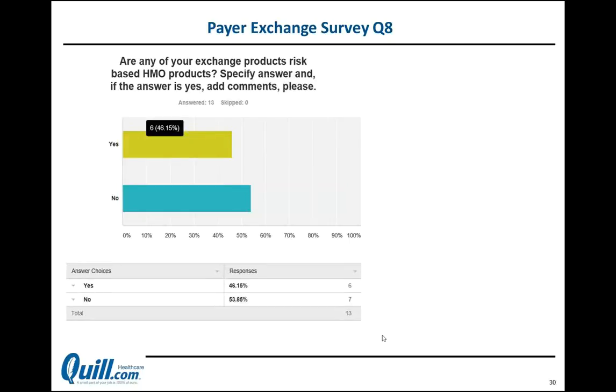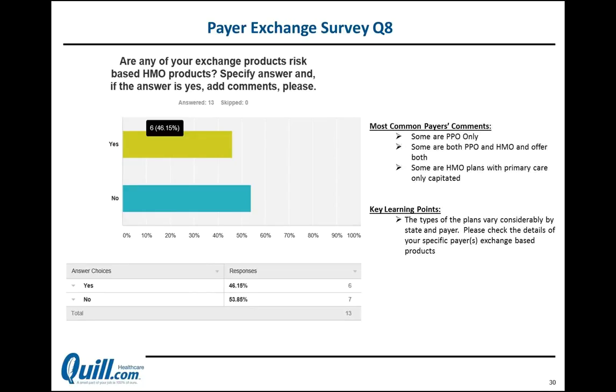Are any of your exchange products risk-based, or any of them risk-based HMO products? Risk-based in this case meaning capitated per member per month fees. I would say the answers that we saw here, for the most part, mirror what we see in the marketplace. Most plans are still PPO plans. There are HMO plans, usually as part of integrated ACOs or IPAs or hospital-based kinds of agreements.